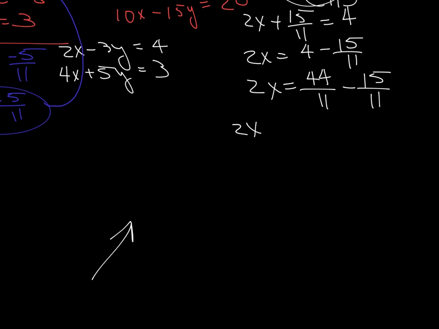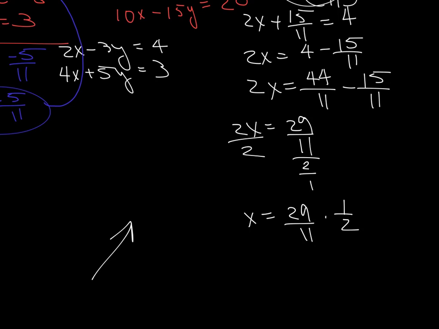Okay, so I have 2x equals 44 minus 15 is 29 over 11. Then I'm going to divide both sides by 2, and invert and multiply. And I get x equals 29 over 22, which is the same thing I got for the last problem. Okay, so those are your two options.